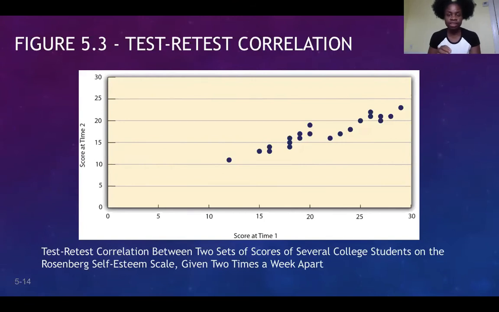A test-retest correlation of positive 0.80 is considered to indicate good reliability, okay? This test is good. In this case, and you'll have to go further into your own book, it was a positive 0.95 or a positive 0.90. Sound good? Okay.